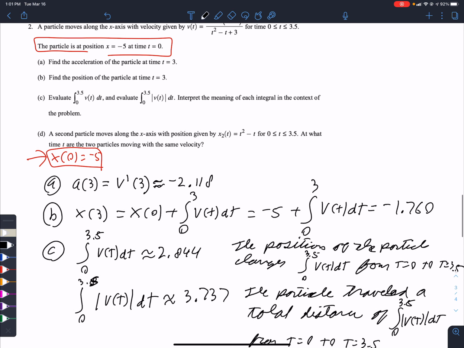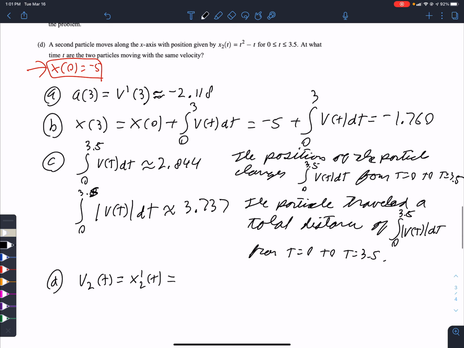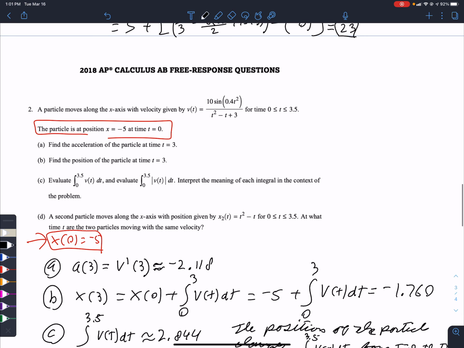Number 2. Okay, I need to find this. So that's going to be 2t minus 1. So first I have to find the velocity of particle 2. And then I want to know when this velocity equals the velocity of particle 1.